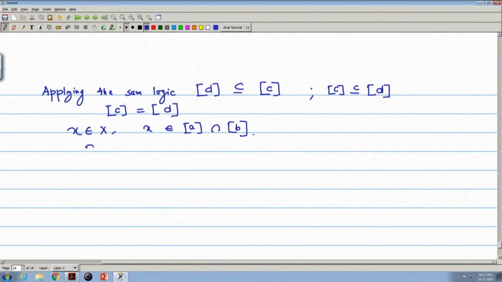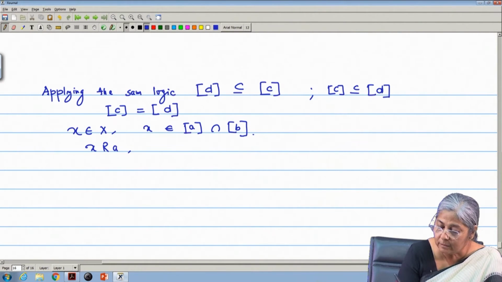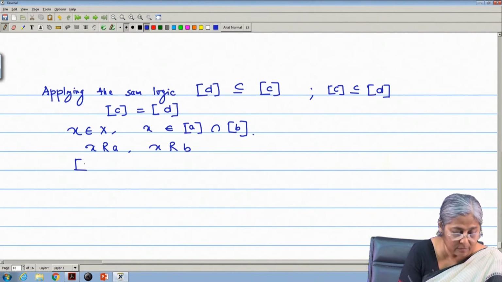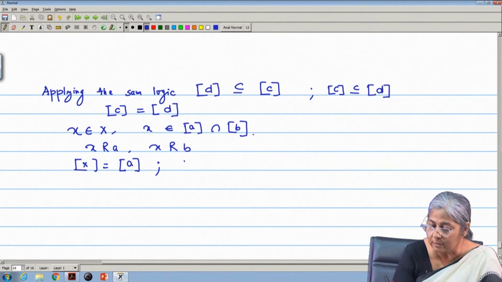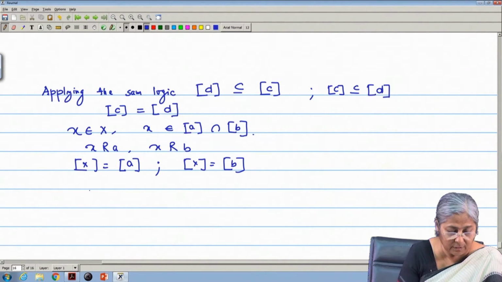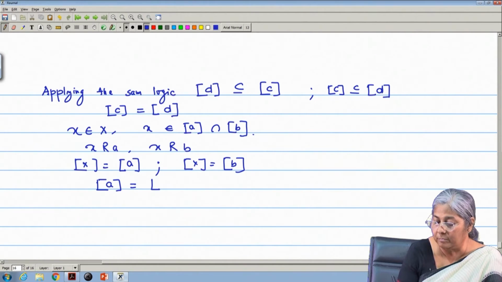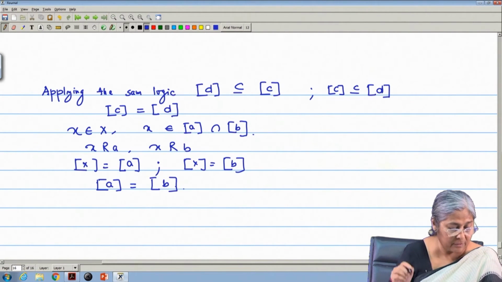So, we can tell that x R a, then since it is an intersection, x R b also is true, and I can tell that this is equal to [a] and this is equal to [b]. So from here I can tell that the box [a], that means the partition [a], is the same as the partition [b].